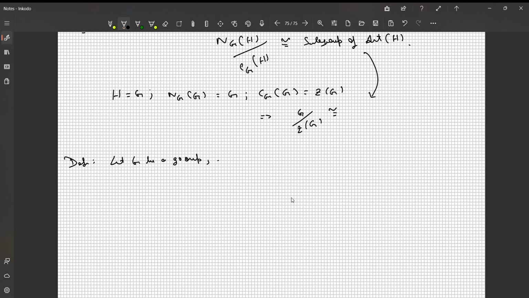Let G be a group, and let small g be in capital G. Then conjugation by g is called an inner automorphism.